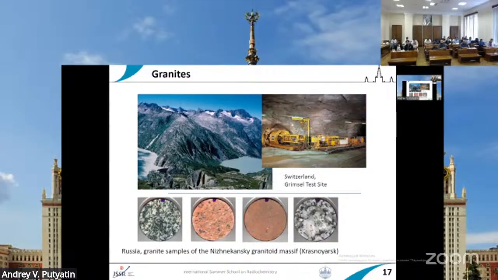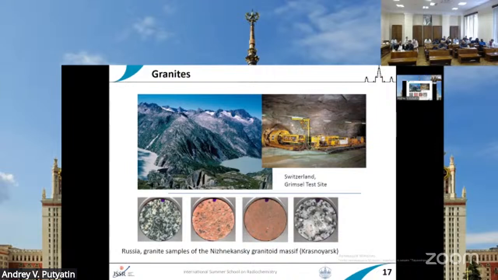So the conditions are very close to an underground research lab, because underground research labs usually have a depth of 400 to 500 meters. So you have 400 meters of rock above you. It is the same conditions as underground at a depth of 400 meters. That's why, even though it isn't called an underground research lab, it is in the list of underground research labs. It is called the Grimsel test site, located in Switzerland.